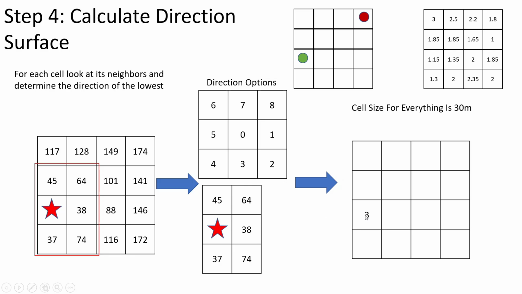This 3 is saying, hey, from this cell, to get to our lowest neighbor, we need to go down. Because again, of the neighbor options we had, our lowest value was down. Therefore, we assign to us the coded value that means go down, which is 3.